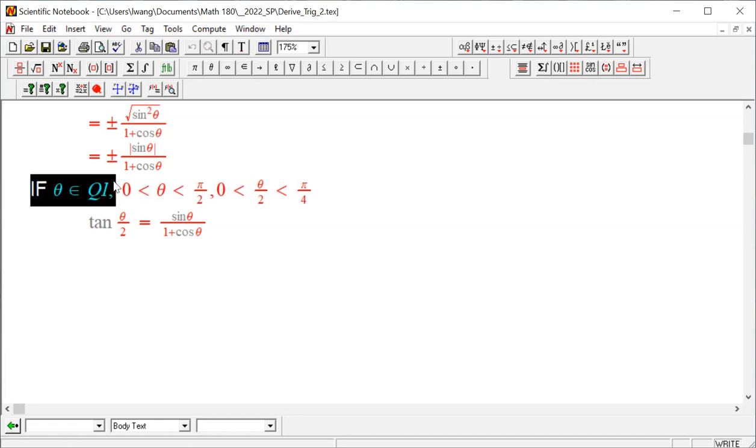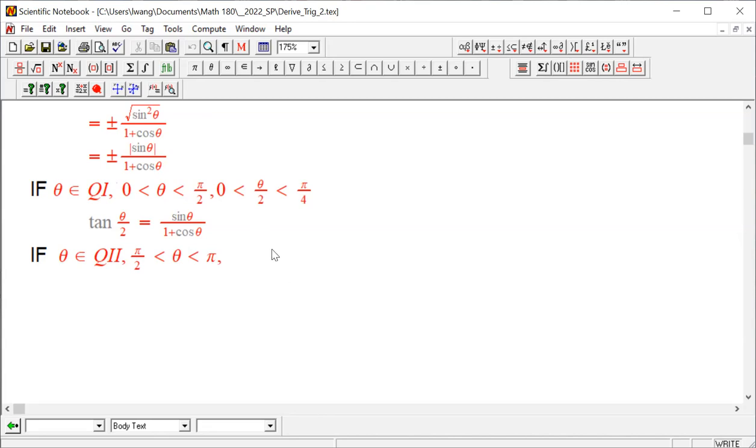And what if theta is in the second quadrant, right? If theta is in the second quadrant, that means theta is larger than pi over 2 and less than pi.